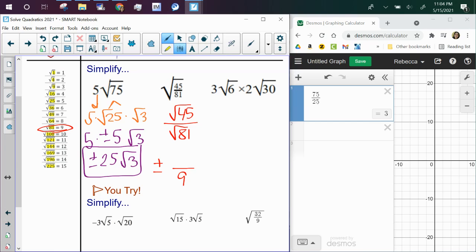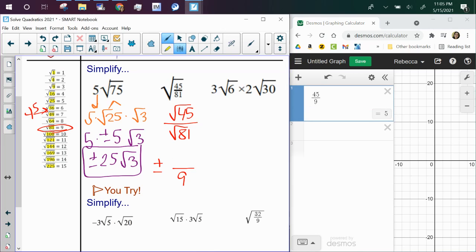Okay. Now I've got to find out with 45. Well, 45 is between 36 and 49. So I'm going to start with 36. 45 divided by 36, decimal, cross it off and go to 25. Decimal, cross it off, 16. Decimal, 9. Hey, it's 5.